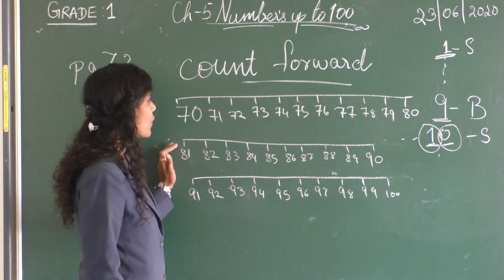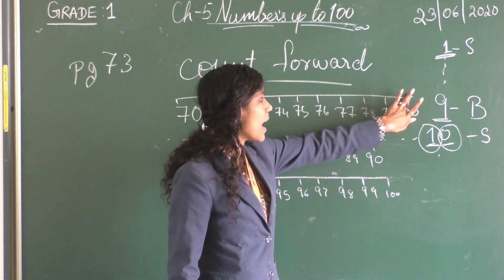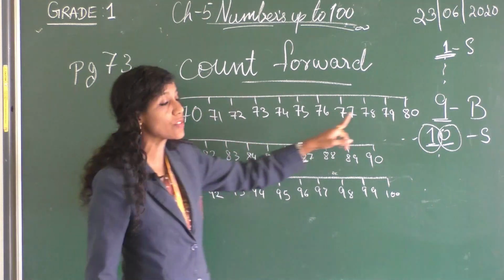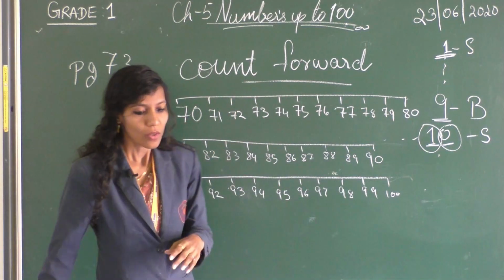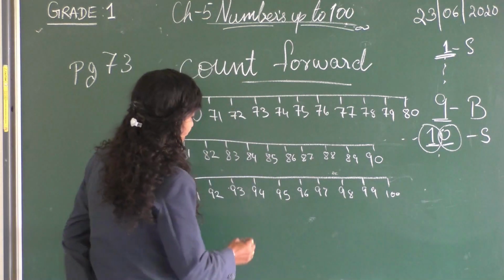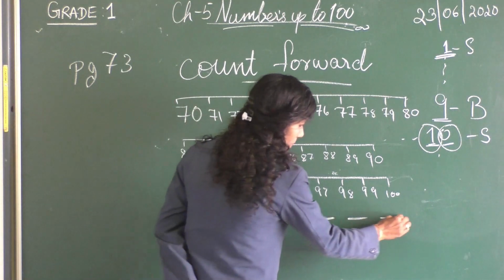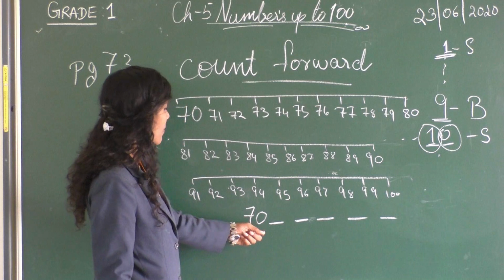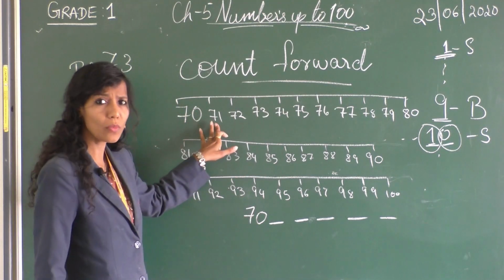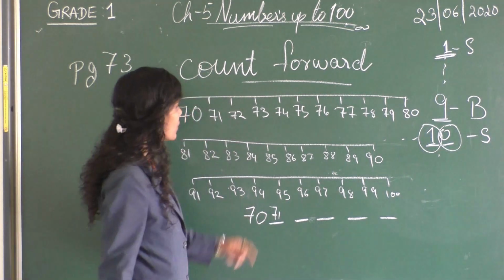Now here count forward, you have to go front. After 80, 81. This is just a continuation line. After 70, they have given blanks, so you have to fill these blanks. 70, after 70, what comes? 71. So you have to fill here 71.